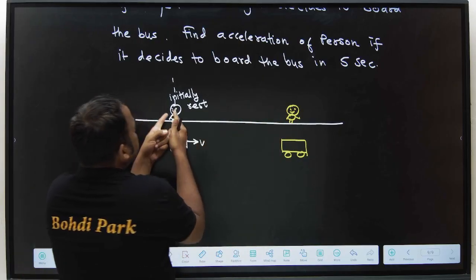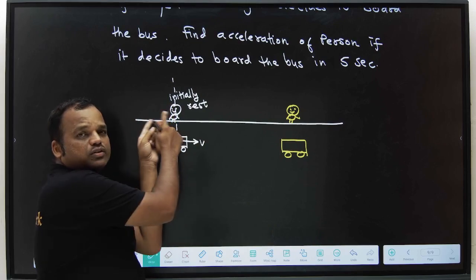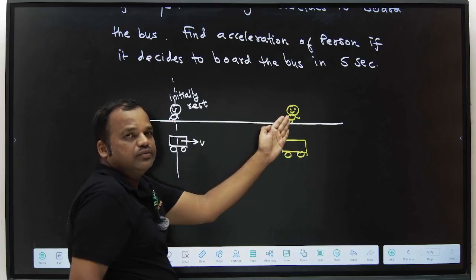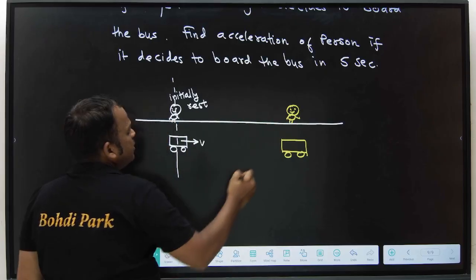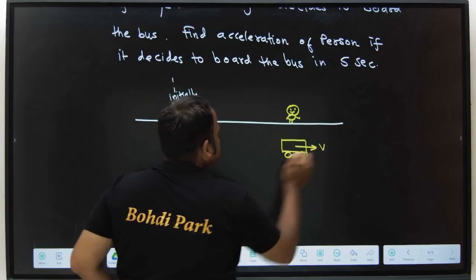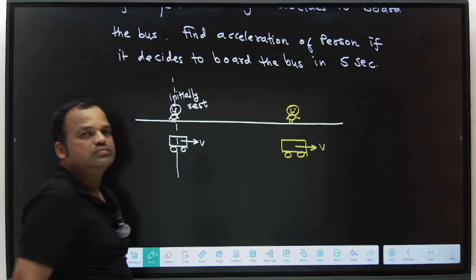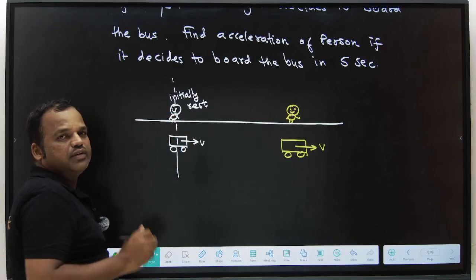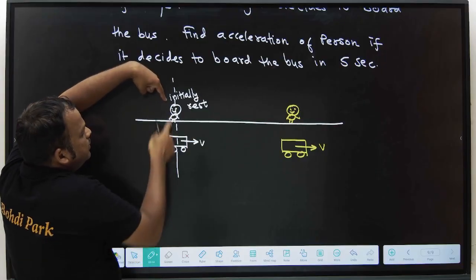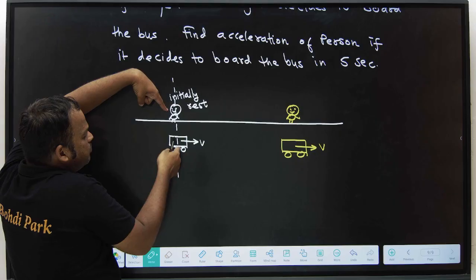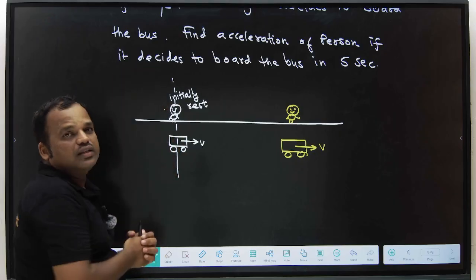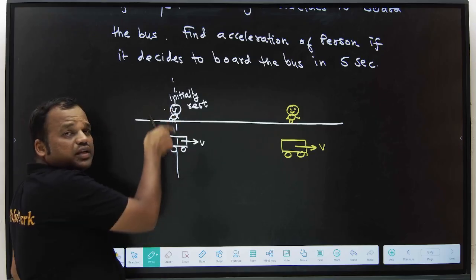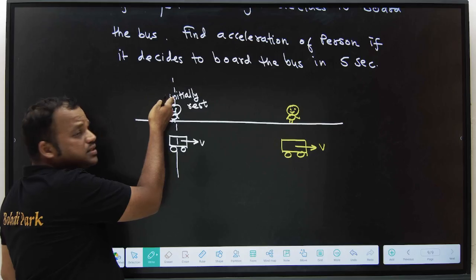But you observe the passenger velocity is changing from 0 to some value, but the velocity of the bus is maintained constant. So what is same for both? You see, here the passenger and the bus are at the same position, but the passenger cannot board the bus because it is at rest.